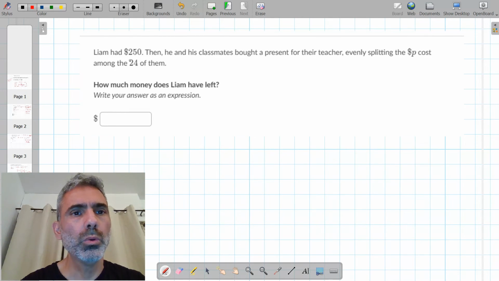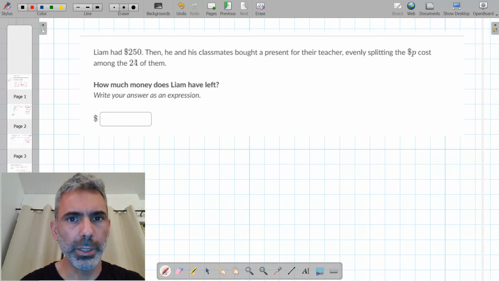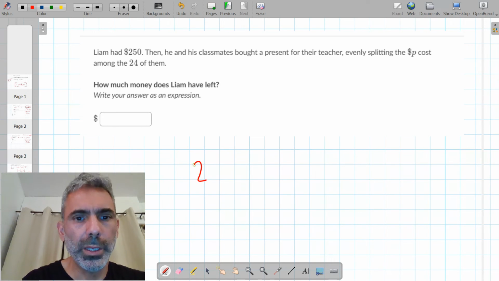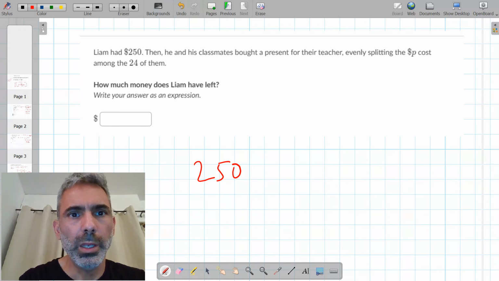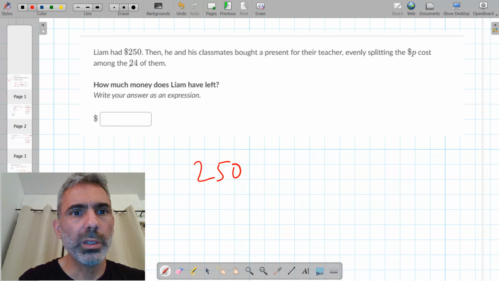Liam had $250. Then he and his classmates bought a present for their teacher. So we began with 250. He and his classmates bought a present for their teacher, evenly splitting the cost, the dollar cost P, among the 24 of them.